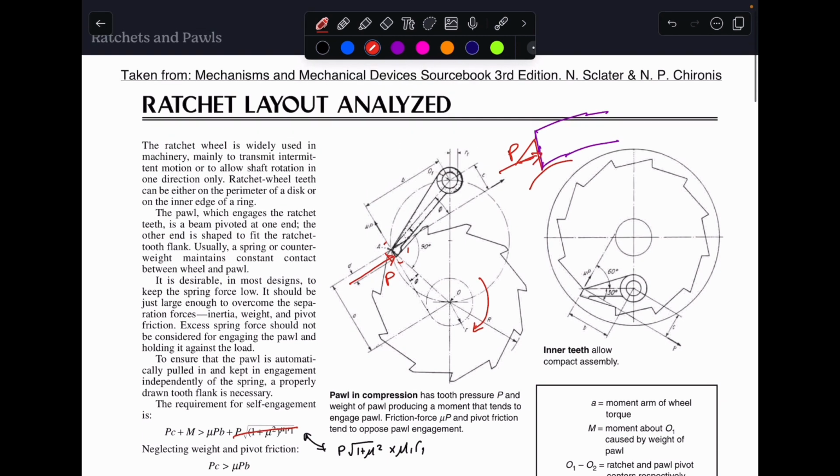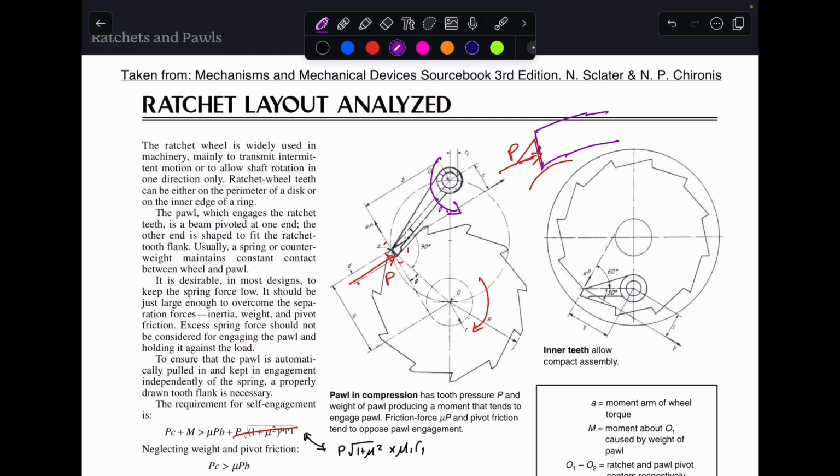Also, if we have a normal force and we have metal on metal contact, or two surfaces in contact, we're going to have some frictional force. Ideally, we want the pawl to rotate inwards like this. That's to ensure, from a safety perspective, that the pawl is always engaged.